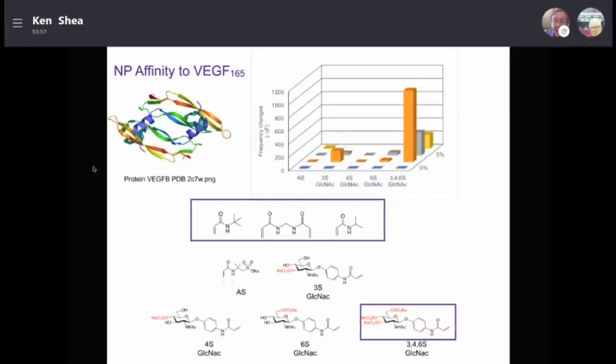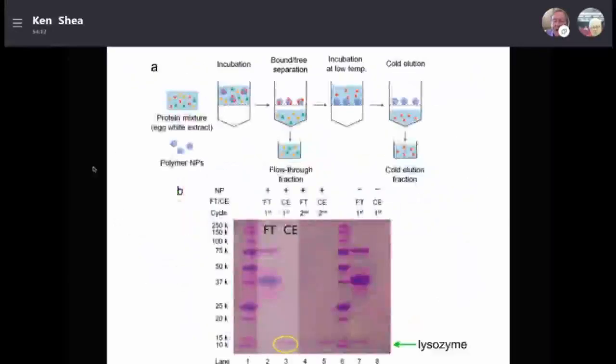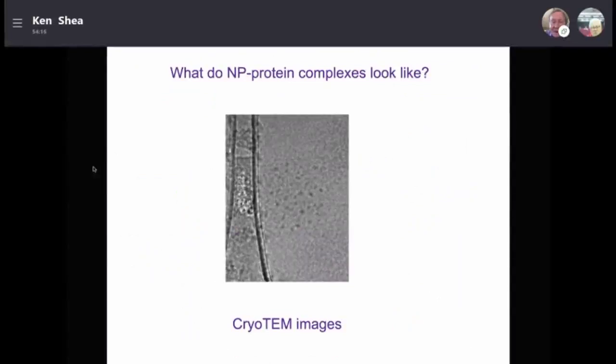It seems to be in conflict with this central dogma of biology that information is contained in the linear sequences. Our materials are random polymers, and so from an information content standpoint, they have very, very little information, and yet we can achieve many of the functions of an antibody, at least in selected cases. We just recently acquired an image of what our nanoparticle that has captured a protein looks like, and this is a cryo-TEM image.